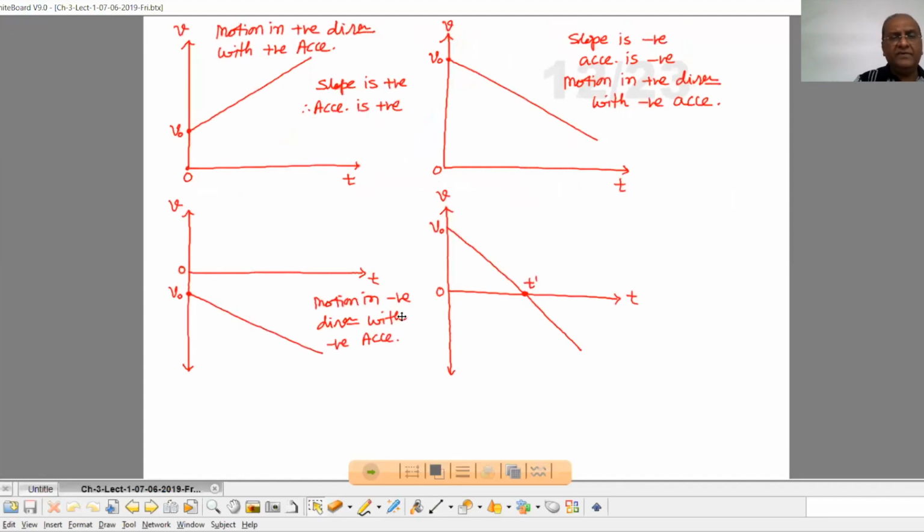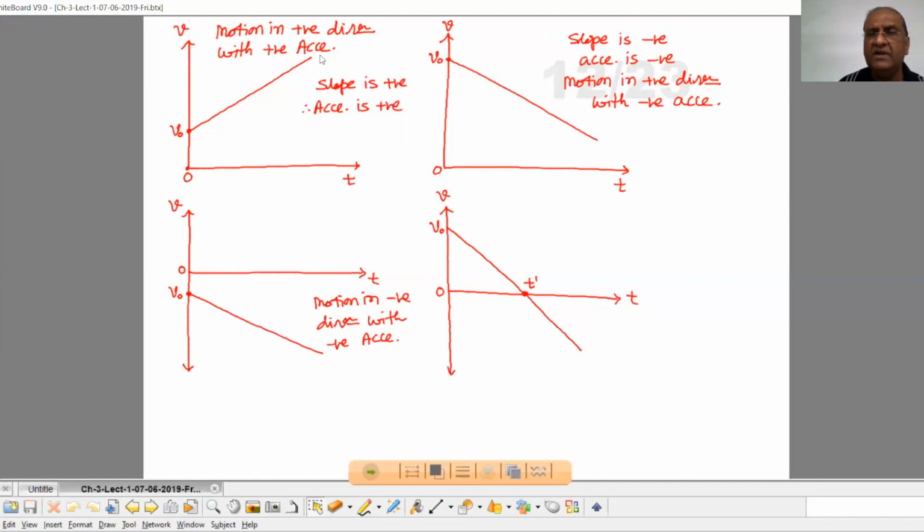Now, with the help of the velocity versus time graph also, we can get a perfect idea about the acceleration. Suppose the velocity-time graph is as shown in this first figure, a straight line graph. Here we have to consider the cases in which the acceleration is constant.